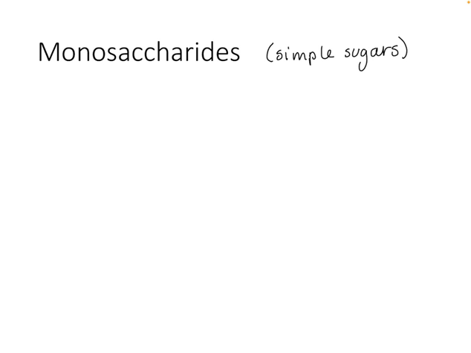We would call those either disaccharides if we have 2 sugars attached, or polysaccharides if we have multiple monosaccharides attached together. But we'll discuss those later on. A couple of examples of monosaccharides are glucose, which we just talked about. And we typically draw carbohydrates in Fischer projections.